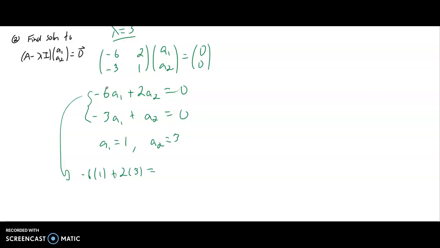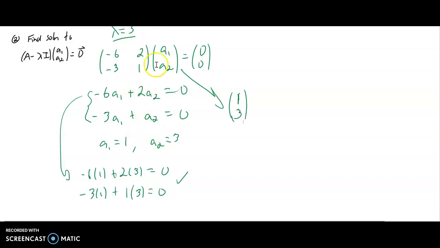That gives me negative 6 plus 6, which is 0. That also works for this one right here. So what do I get? I get negative 3 times 1 plus 1 times 3, which is also equal to 0. So it works, right? So my a1 and my a2 in this one is 1, 3.